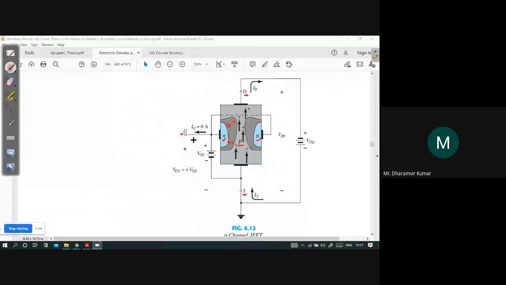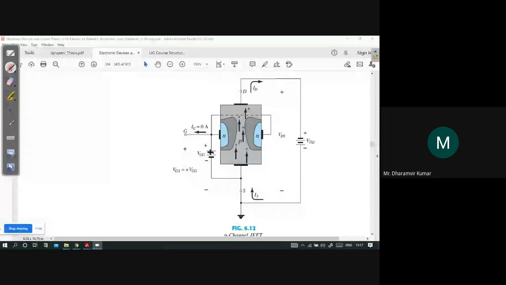Now the point again is to make this device operate so that the PN junctions become reverse biased. To make this PN junction reverse biased, we should make the n type material be at higher potential with respect to the p type material.